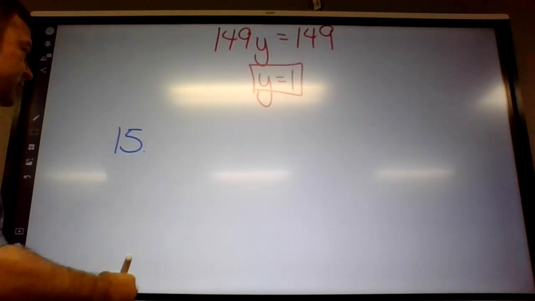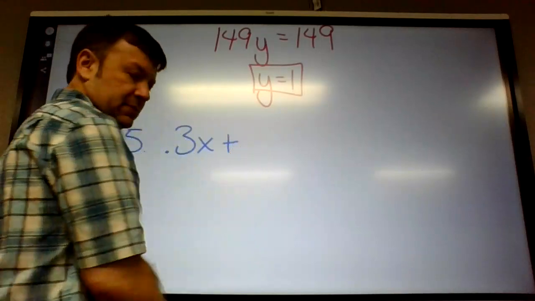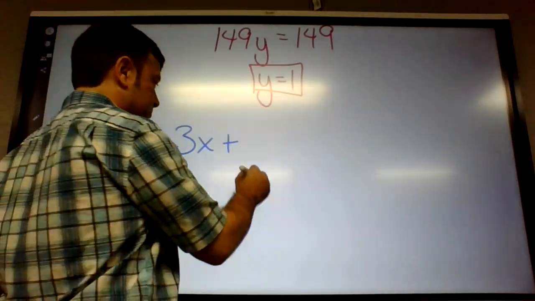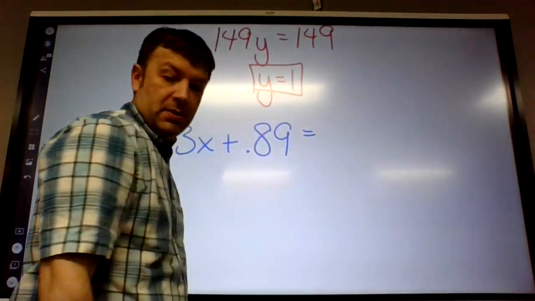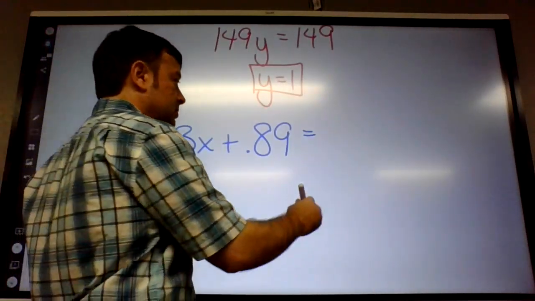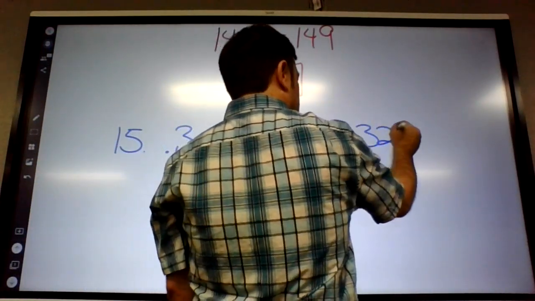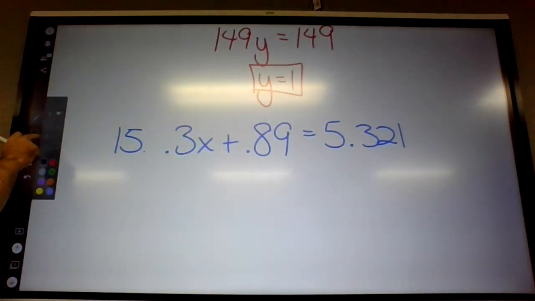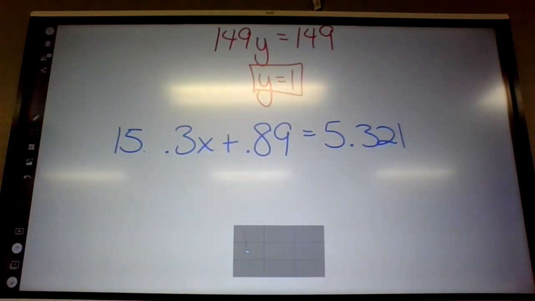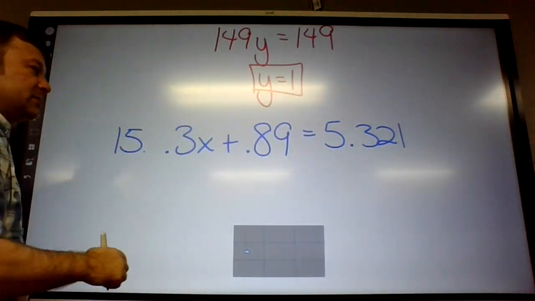This one has 3 decimal places. Okay, so to eliminate 3 decimal places, we're going to have to move the decimal 3 times on all of them. This last one kind of ruined it.